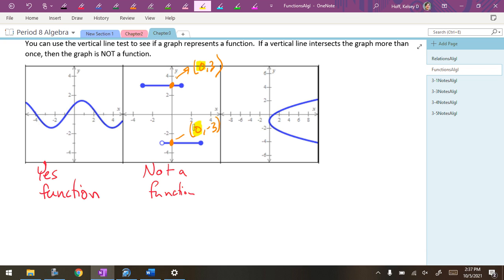Okay, how about the last graph? Here you're good, right on the end of that. But here, not so good. Function, yes or no? No. Because if I have a vertical line right here, is it touching the graph more than once?